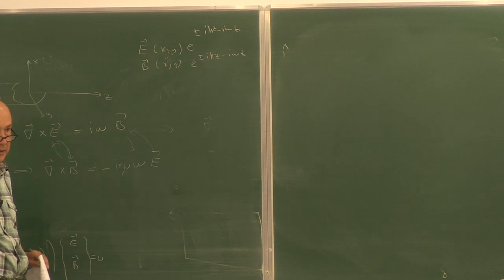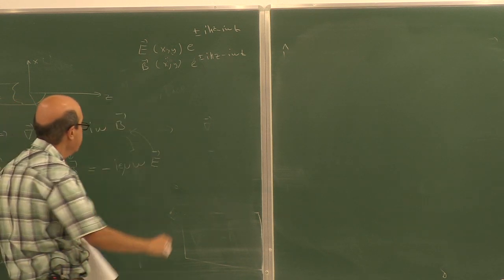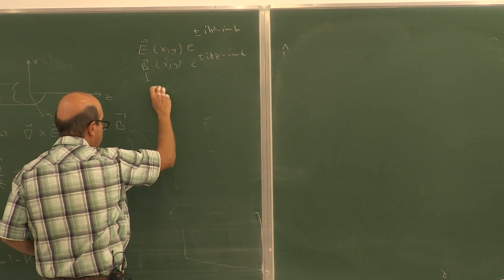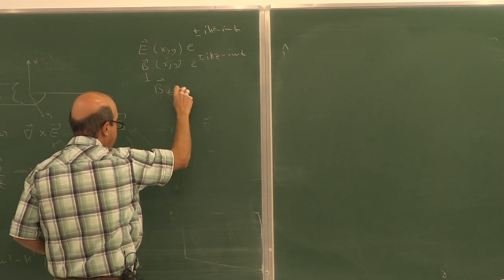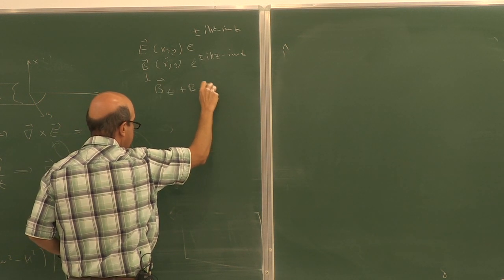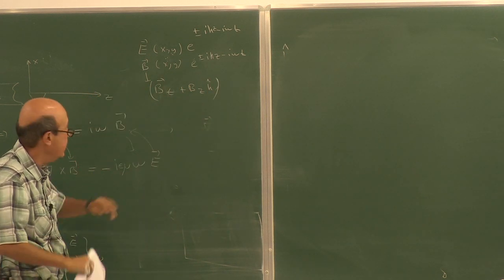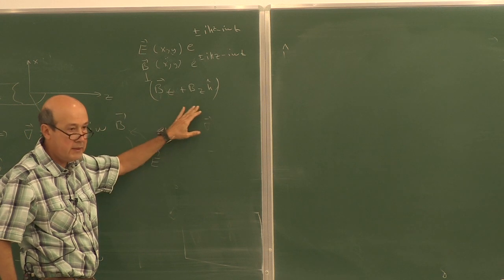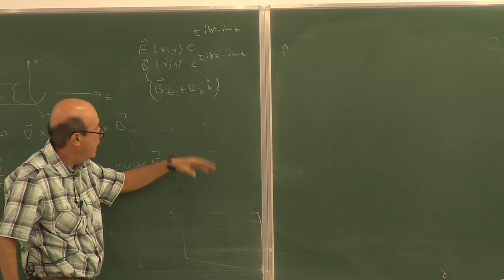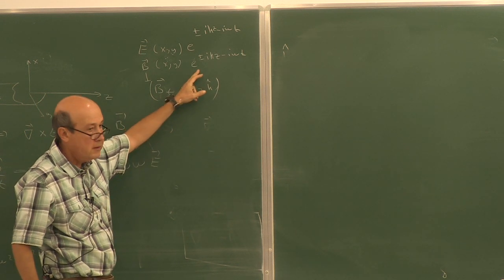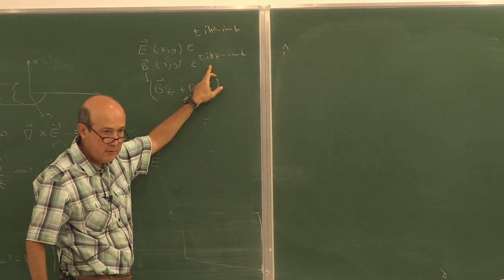So can B be written as B transverse plus Bz? Yes. Can E be written as E transverse plus Ez? Yes. How is the z dependence? It's like a plane wave.